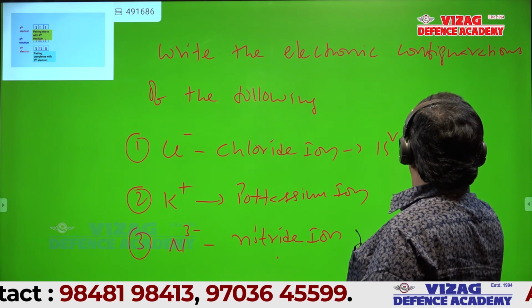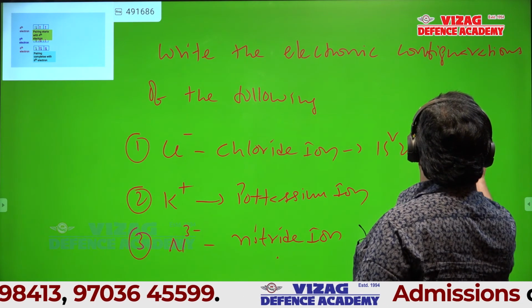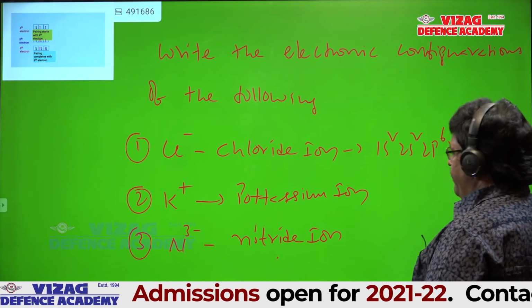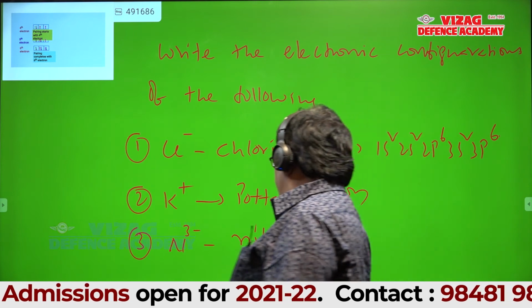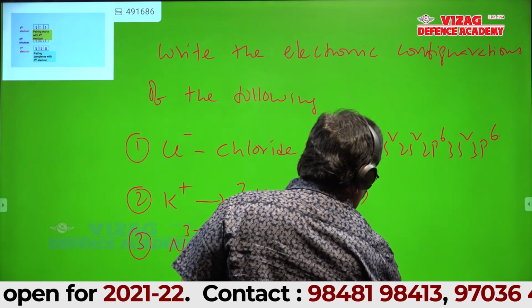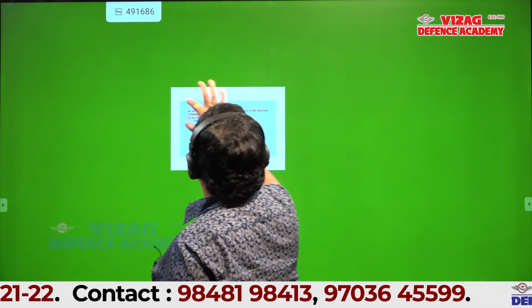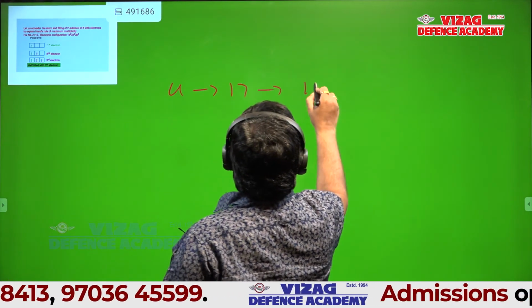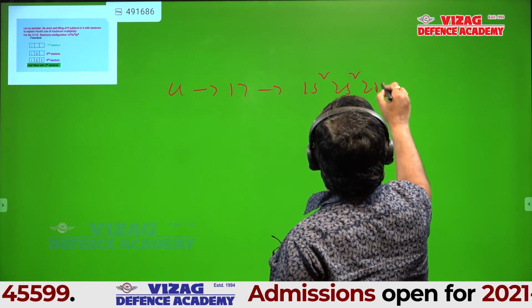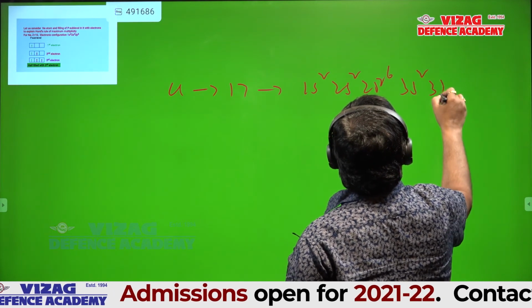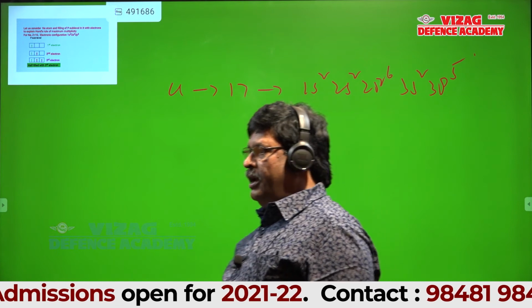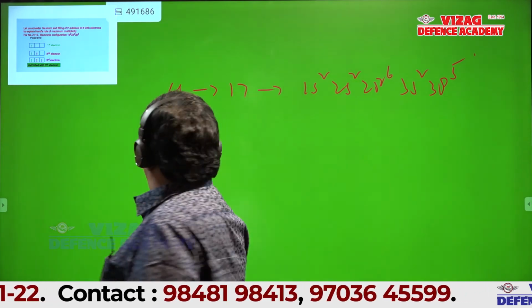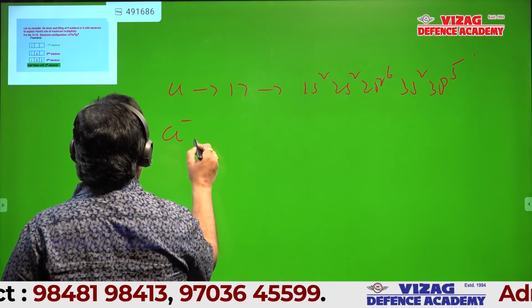2s2, 2p6, 3s2, 3p6. Why? Because, listen to me, chlorine is 17: 1s2, 2s2, 2p6, 3s2, 3p5. Chloride ion means Cl minus.